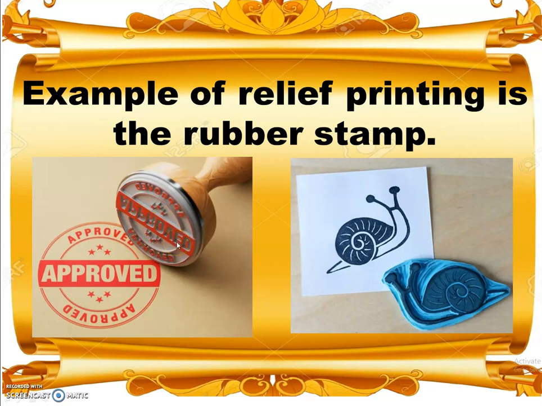And then you dip the protruding rubber stamp into an ink in any color you want, and then you stamp it on the paper, and this is the result. You transfer the prints or the image design to the paper, and also this one. So that is an example of relief printing.